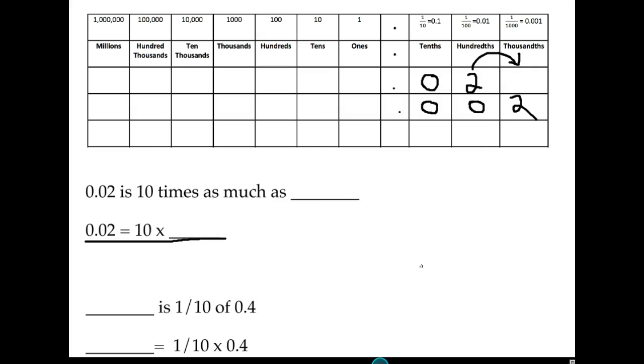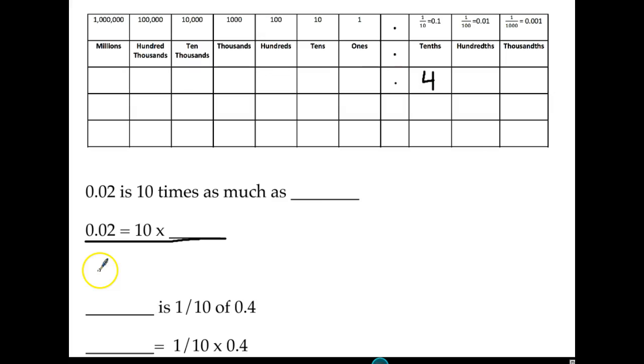Okay, one more example here. What is 1/10 of 4/10? I'm going to take the same place value chart and fill it in. Something is 1/10 of 4/10, so I'm going to put 0.4 right here, 4/10. What is 1/10 of 4/10?